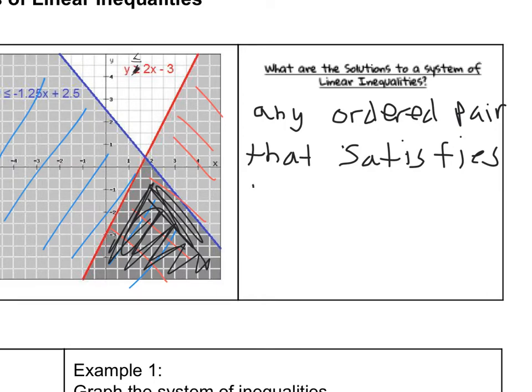It satisfies both inequalities. That's a little sloppy, but that's okay.